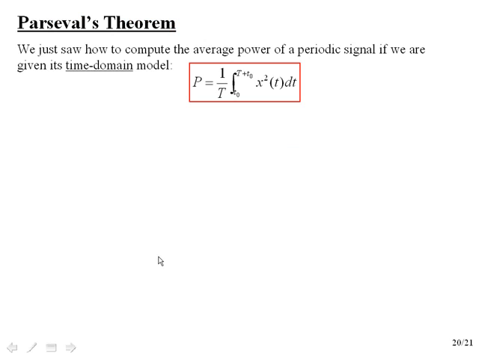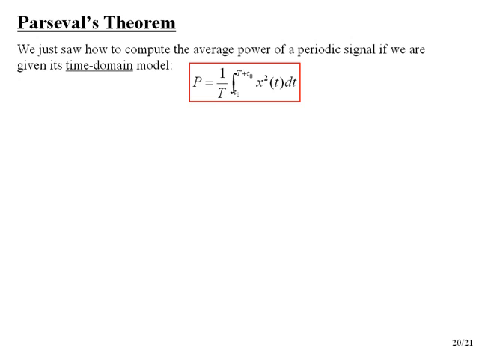Okay, so now that we've set the stage that way, we can now talk about this thing called Parseval's theorem. And Parseval was, again, another mathematician, 100 or more years ago. I don't really recall exactly when Parseval was alive, but a long time ago.